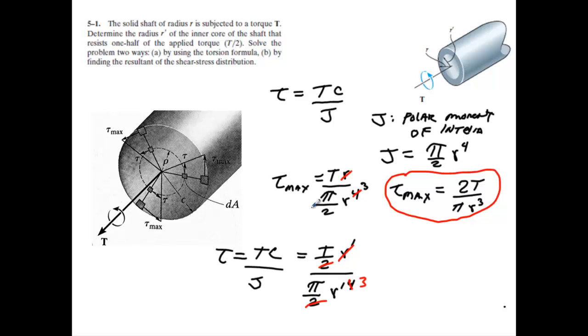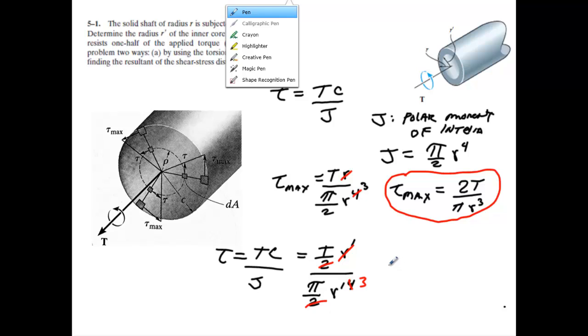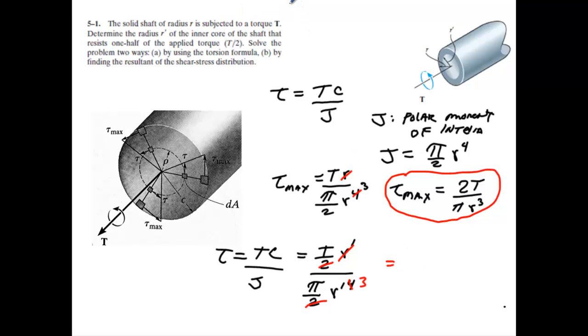That gives us the torque on top over pi times R prime to the 3rd power. We'll circle that in blue.